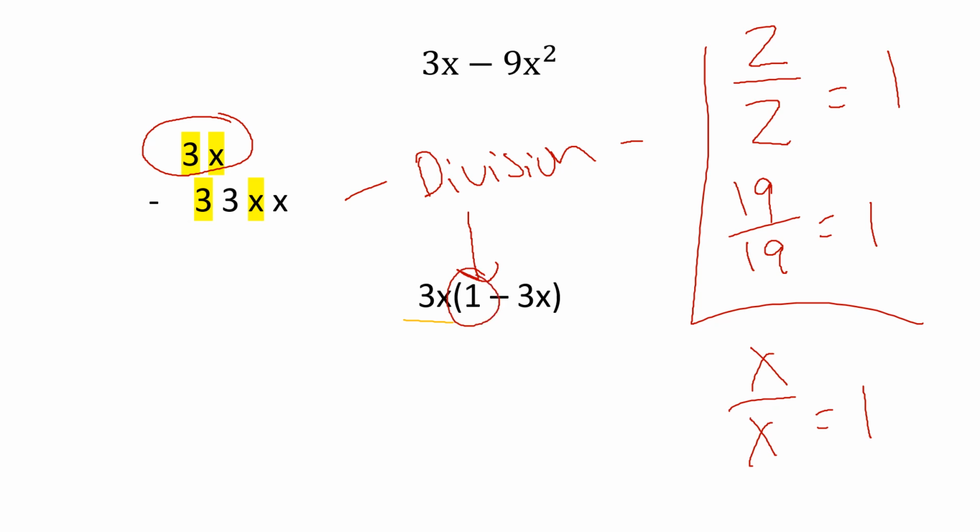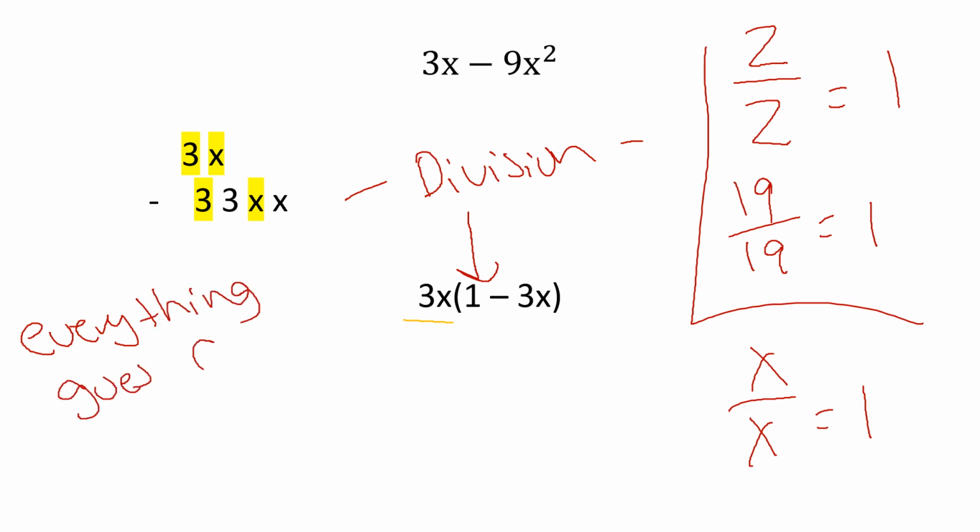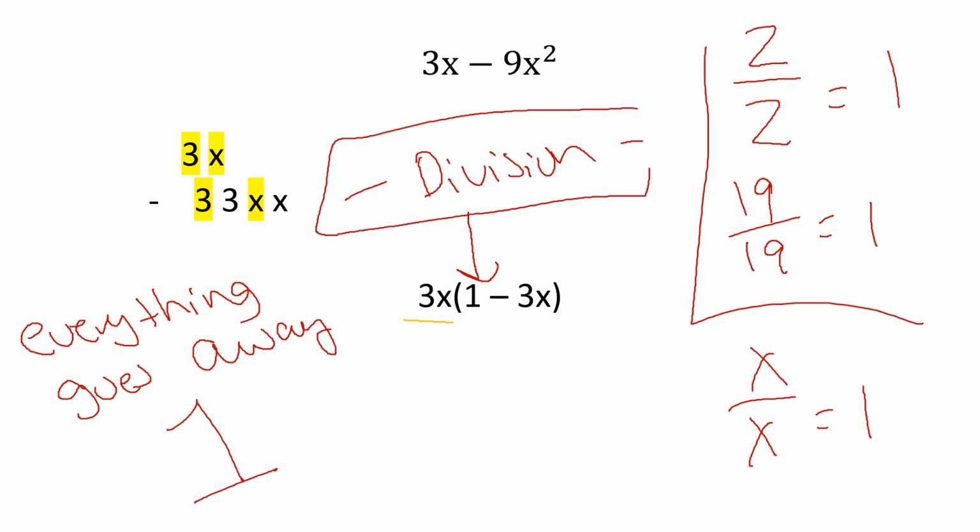So you need to make a mental note that when everything goes away, you technically still have a 1, because mathematically we're dividing. If everything is circled, that understood 1 is technically still there.